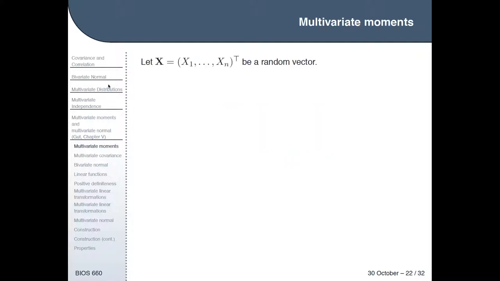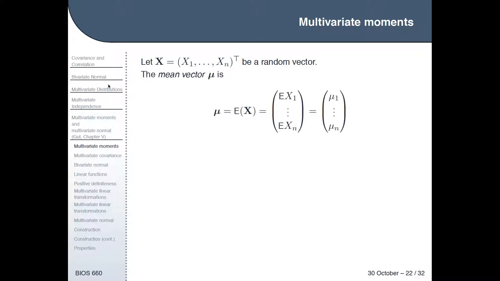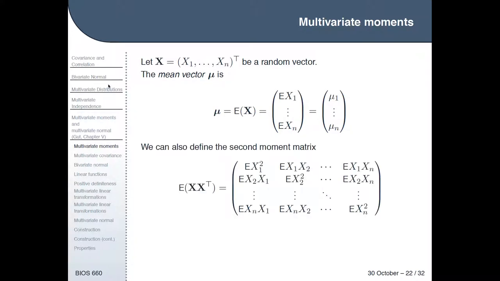Well, anyway, first of all, defining multivariate moments, say we have some random variables x1, x2, up to xn, then the mean vector mu is defined to be a vector consisting of the expected value of x1, expected value of x2, and so on down to the expected value of xn. Nothing shocking there. You can also define the matrix of second moments, defined to be the expected value of x times x transpose.